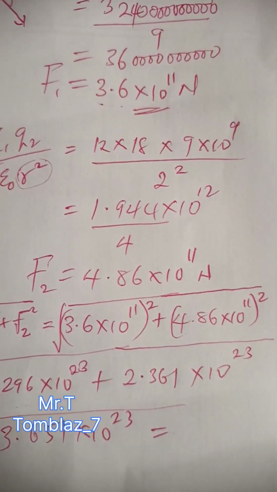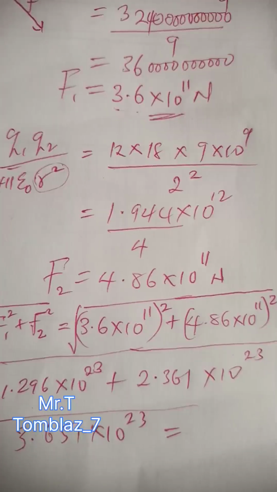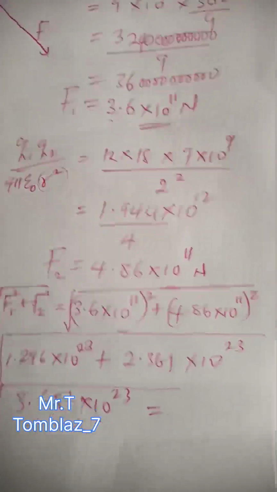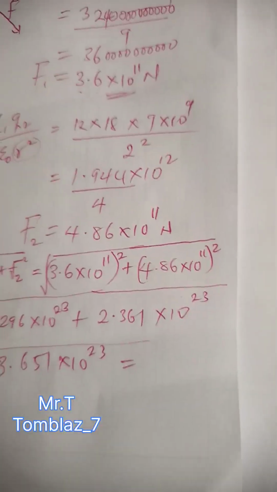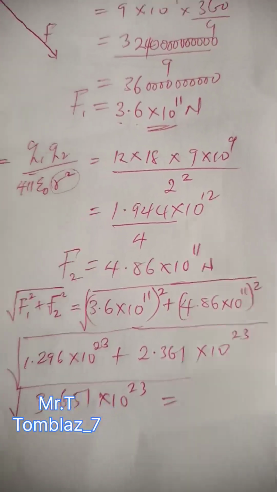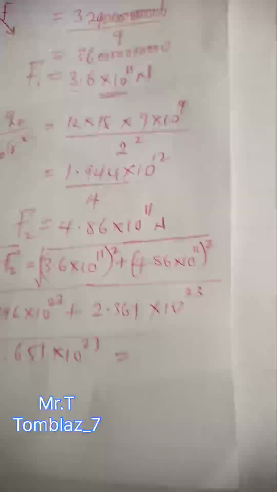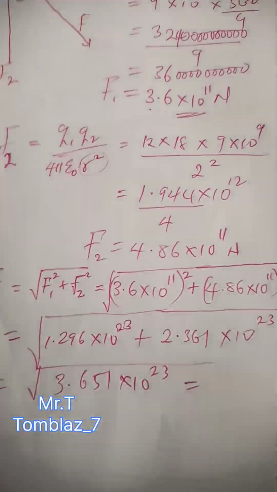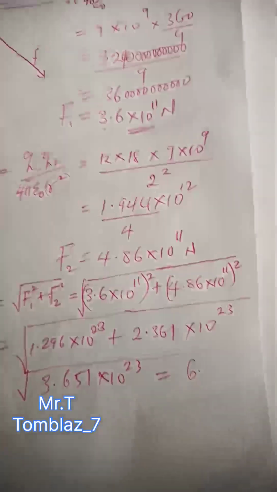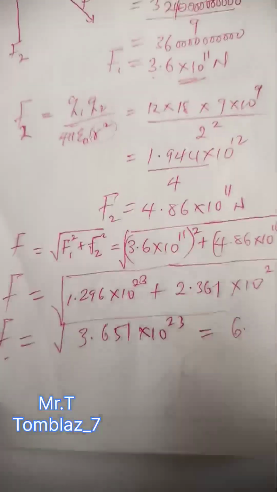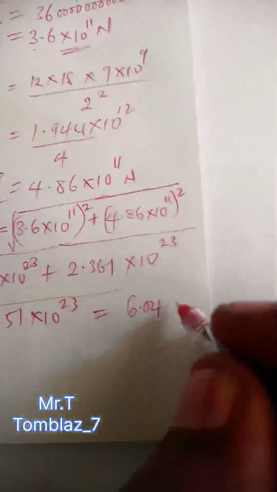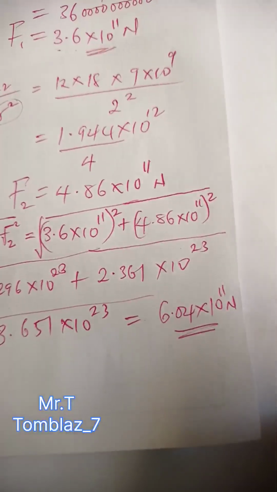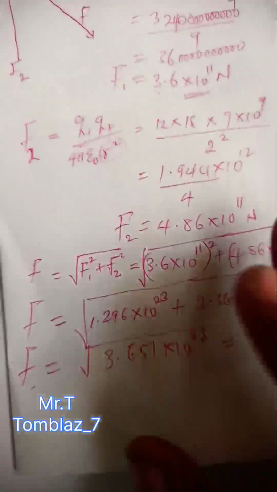Taking the square root of 3.651 times 10 to the 23, we're going to be having 6.04 times 10 raised to power 11 Newton. So this is going to be our resultant force.